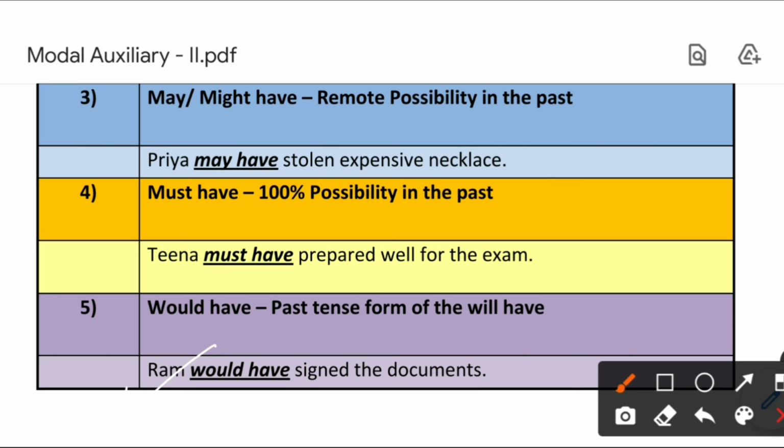But here, even if it was possible, it wasn't his ability. We are not saying that it was his ability but he did not do that. And also we are not saying that it was his repentance. It was just that he would have signed the documents but he did not. That means it's just a possibility.